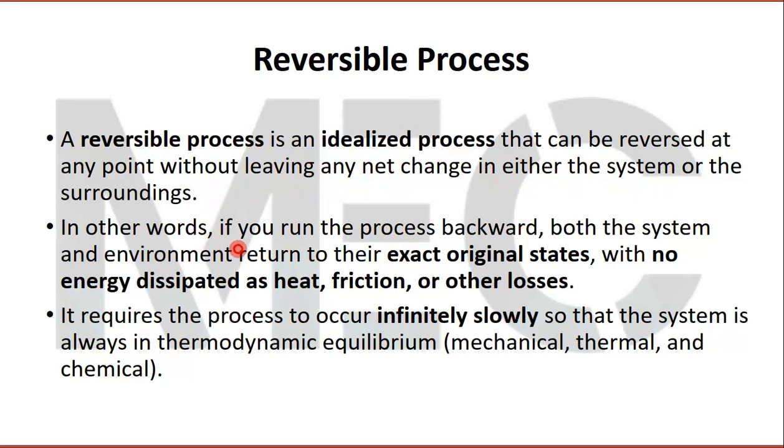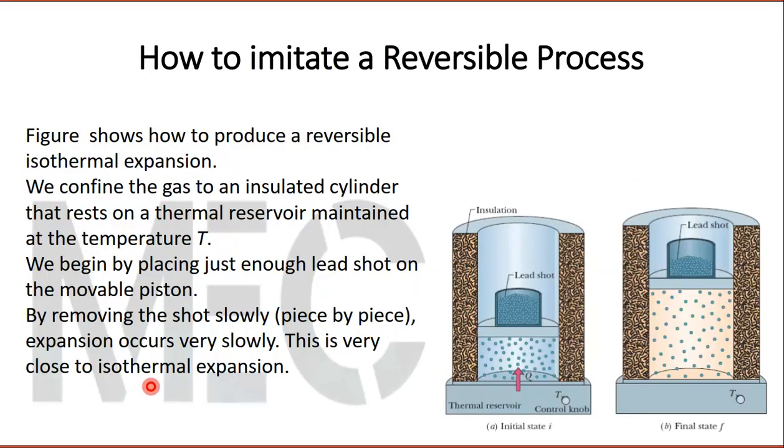In other words, if you run the process backward, both the system and environment return to their exact original states, with no energy dissipated as heat, friction, or other losses. It requires the process to occur infinitely slowly so that the system is always in thermodynamic equilibrium, that is, mechanical, thermal, and chemical equilibrium.